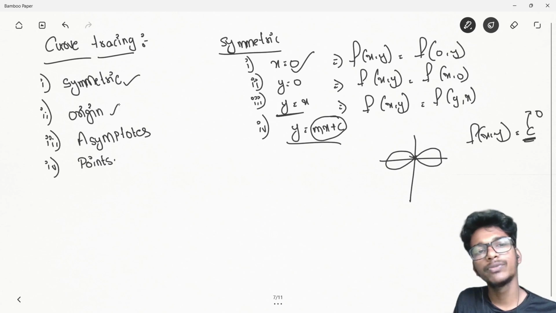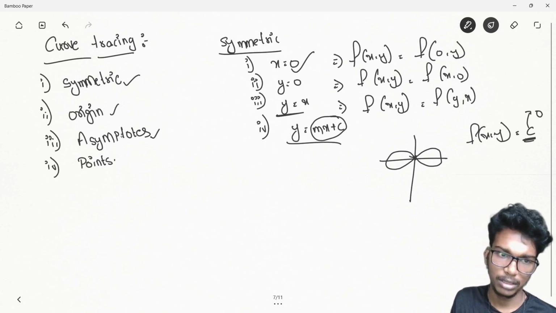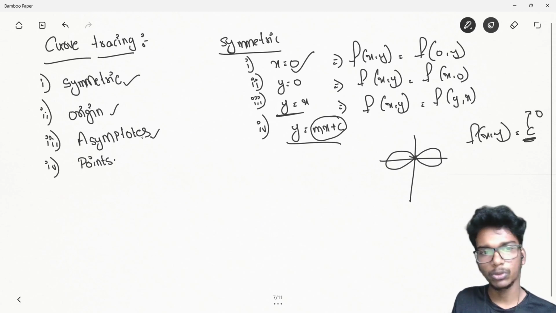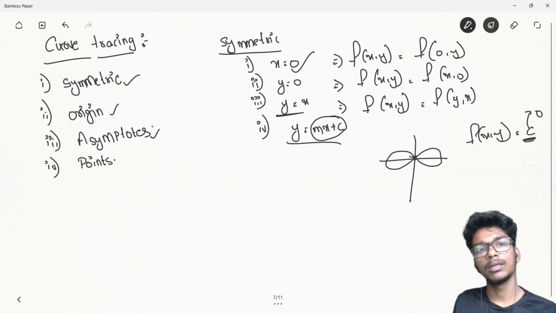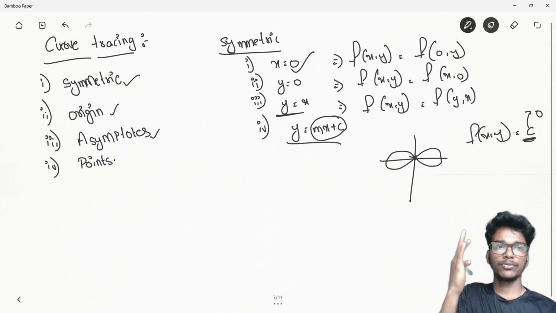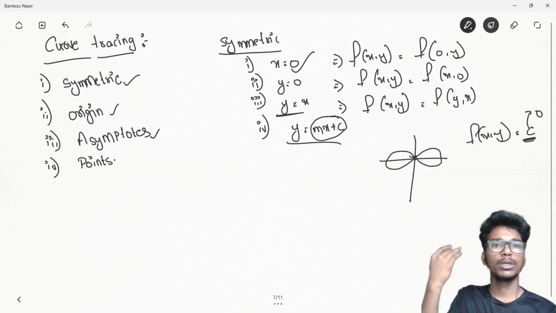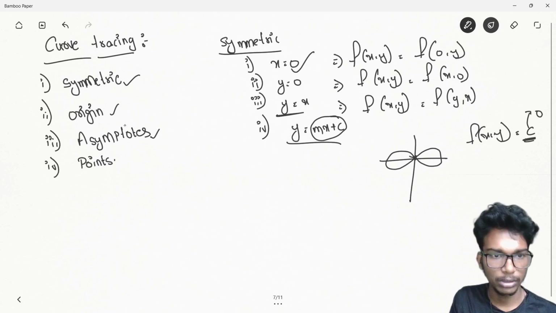In the previous video itself, we have discussed asymptotes. We will try to check the asymptotes of a given function. Why are we checking the asymptotes? If a function is going to tend to infinity, we check its convergence, where this function is going to end. In those cases, we use asymptotes.